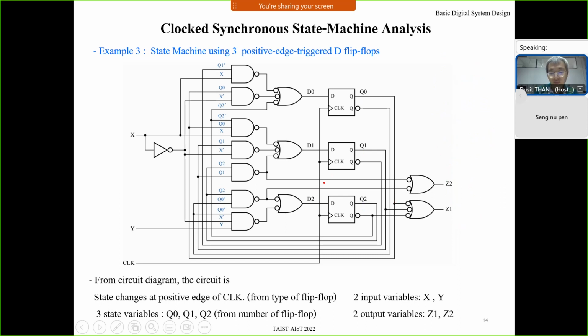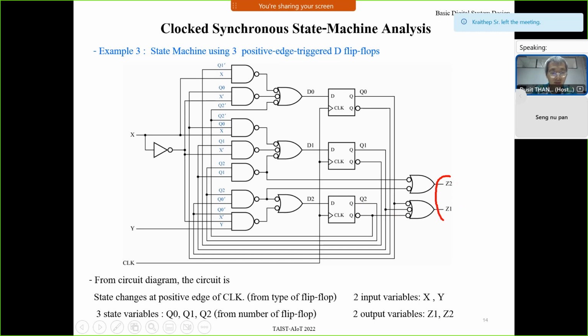And from this one, this is the output circuit G. We get the data from Q2 and Q1, right? And this one is a function of Q2 and Q0. This one is from Q0 directly. This is from Q1 and input of Q2.